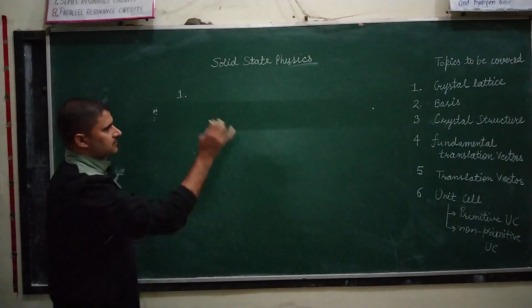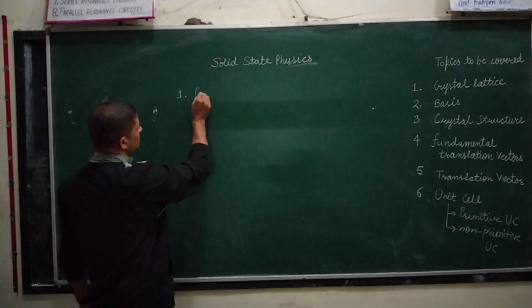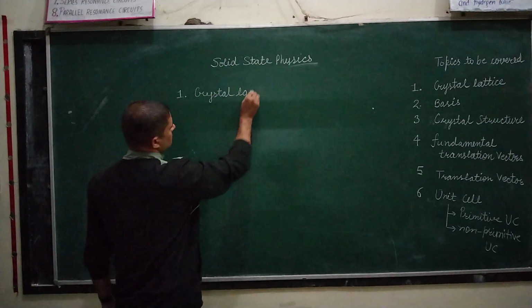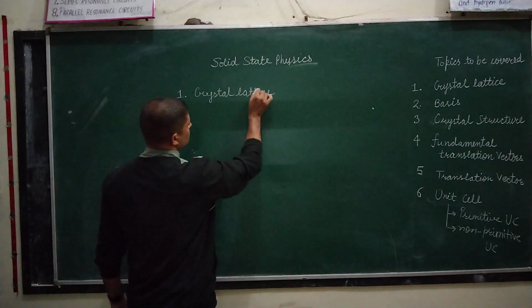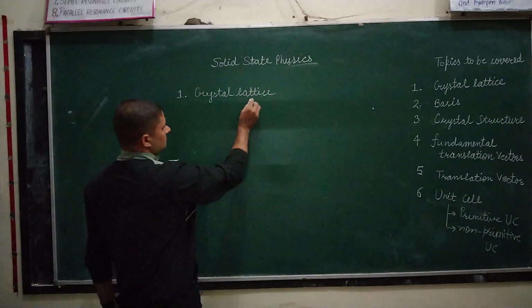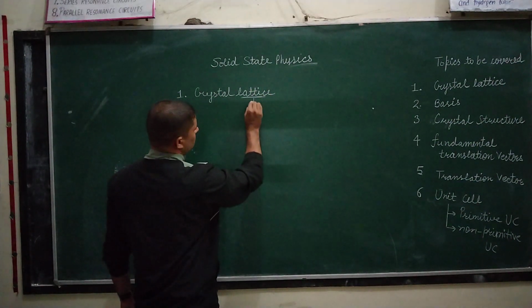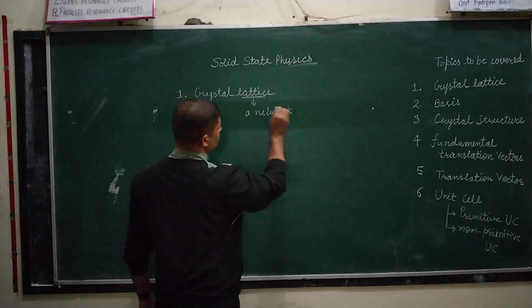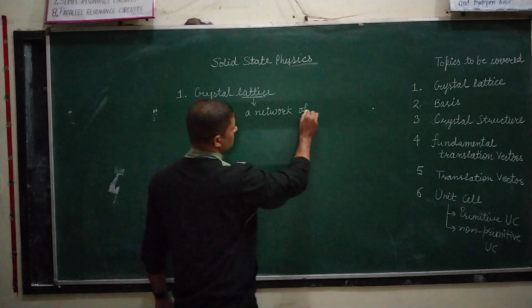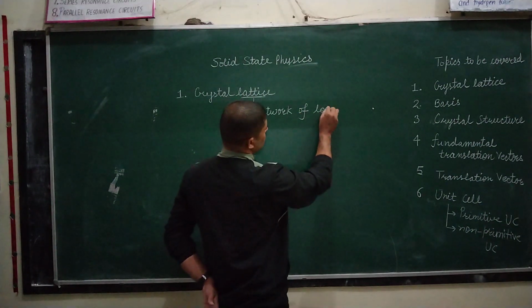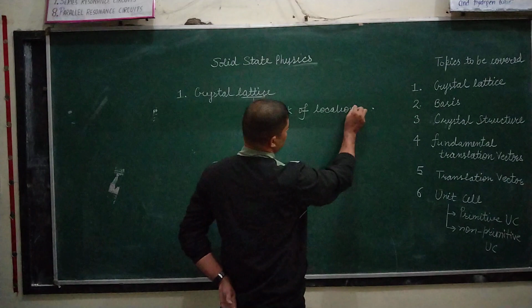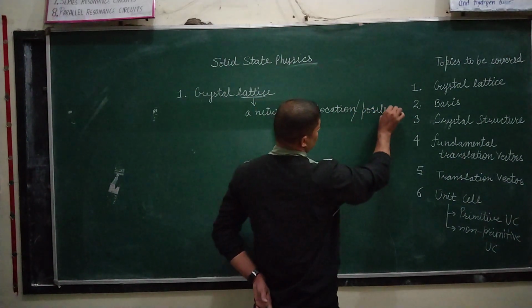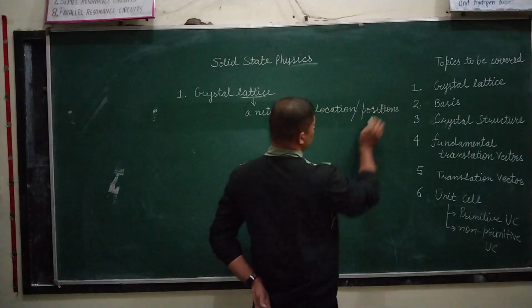So class, first point is crystal lattice. I have told you lattice means a network of locations or positions, okay.